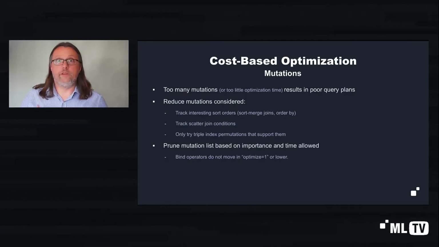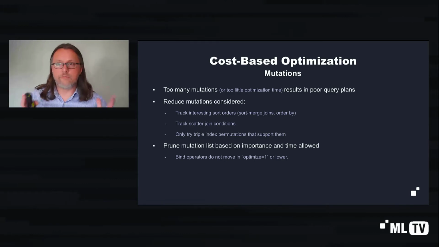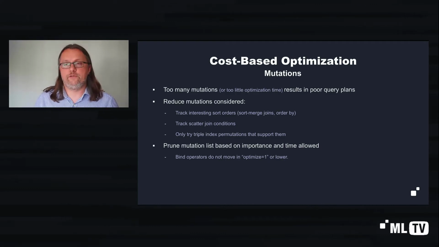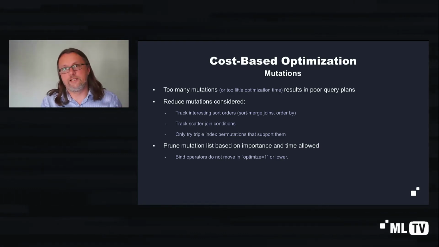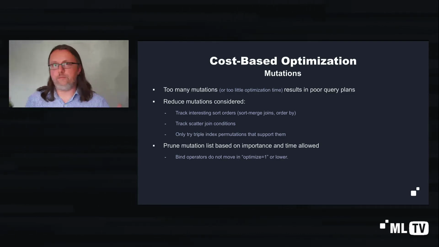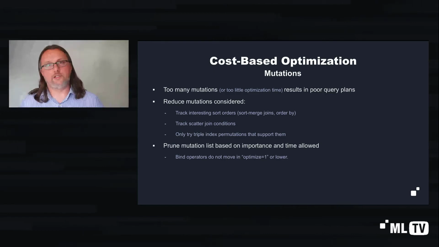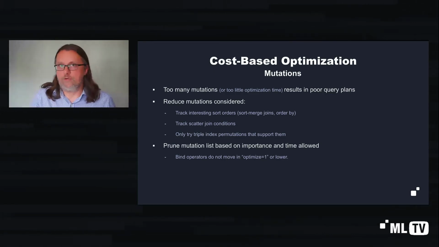Now, with some experience of simulated annealing, we've found that the number of mutations is actually quite important, because with simulated annealing we only have a fixed time to investigate the possible query plans, and if there are too many mutations, there's too much to investigate, and we don't end up doing a very thorough job of it.